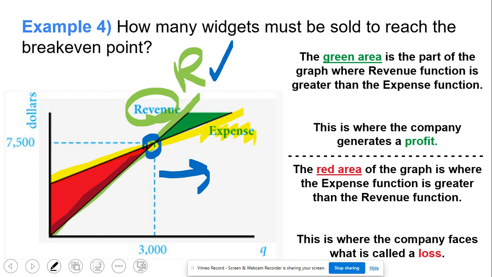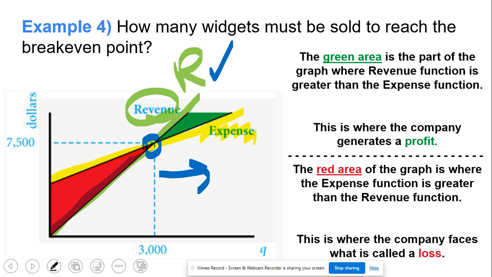So you can see that the graph is shaded in green. This green area is where literally the revenue function is above the expenses. It's where the revenue, the money we're making from our business, is bigger than the actual expenses it costs to run our business. And so obviously this is what happens when we get a positive. When we do revenue minus our expenses, if it's a positive number, then we have a profit.